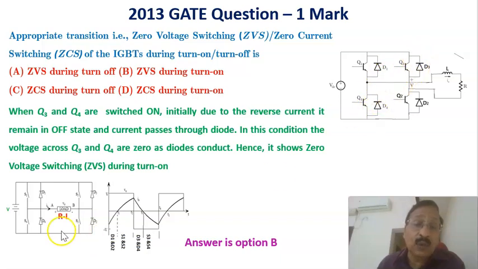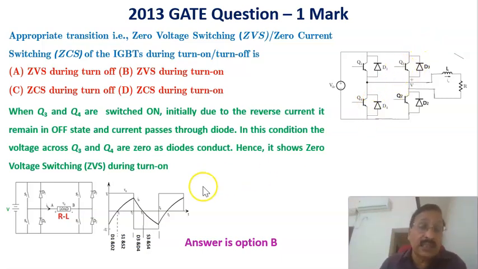Since D3 and D4 are conducting just before turning on Q3 and Q4 or S3 and S4, the voltage drop is very negligibly small, almost zero. Because the drop in the diodes is almost zero, that is why it is called zero voltage switching.